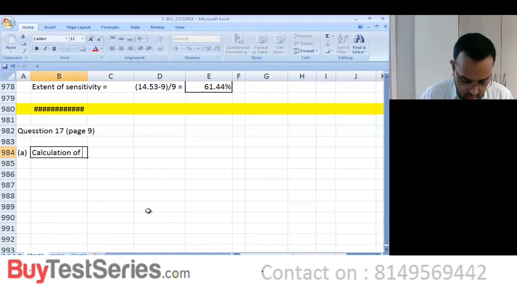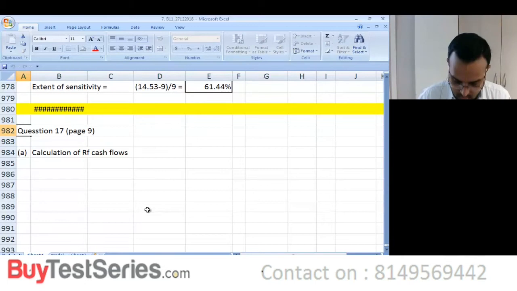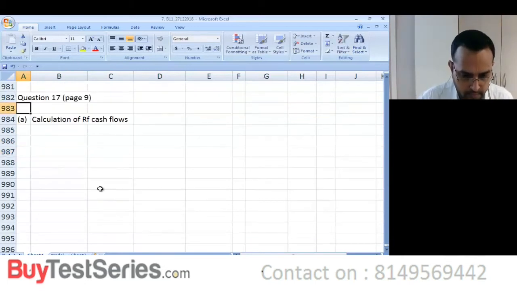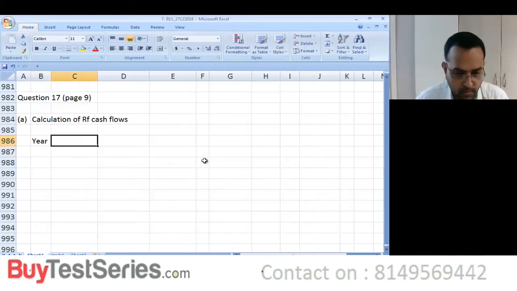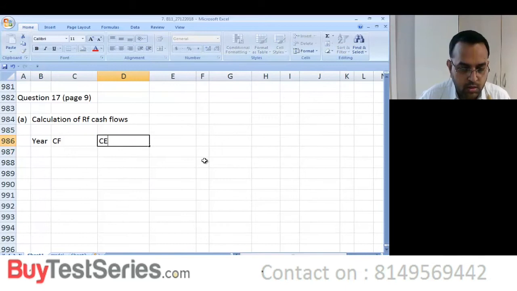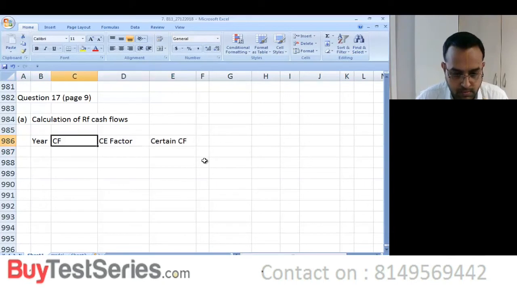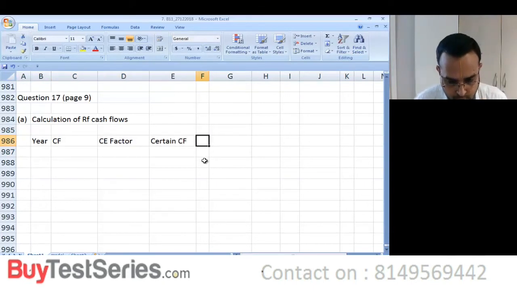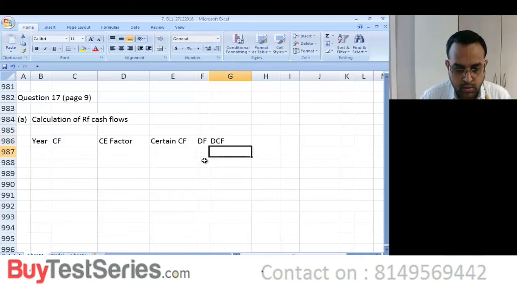Calculation of RF cash flows. Here: cash flow, certainty equivalent factor, certain cash flow, discounting factor at the rate of 8%, discounted cash flow.